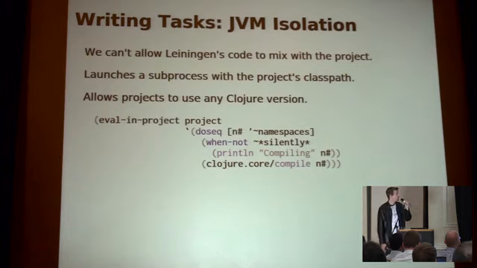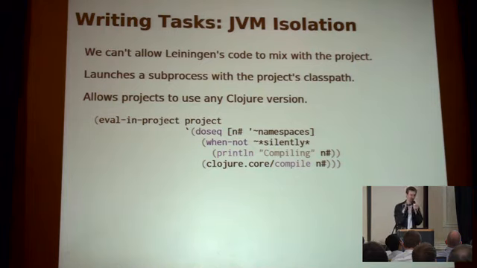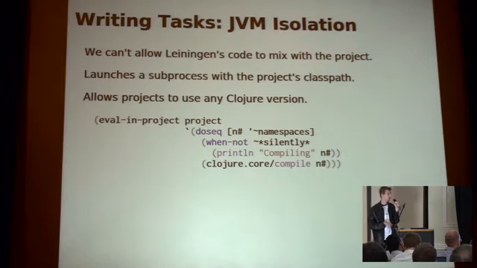This is probably the trickiest thing about writing Leiningen plugins or tasks: it's really important to enforce a process separation between your project's code and Leiningen's code. Leiningen's using Clojure 1.3 right now, and obviously most projects are not going to be jumping on that right away, so it's really important that you have a separate process space, or classloader space, for that.